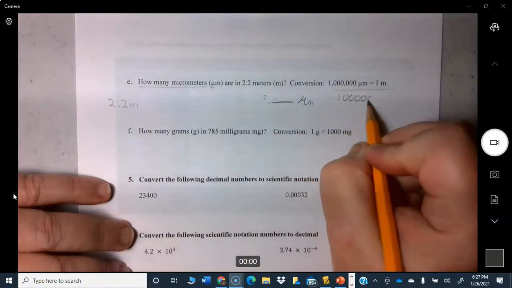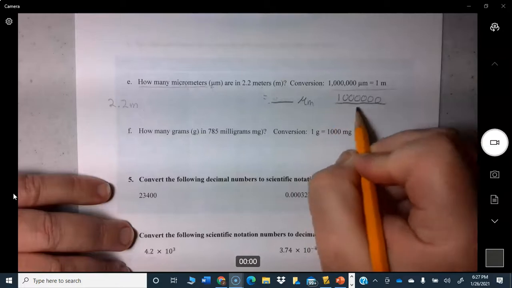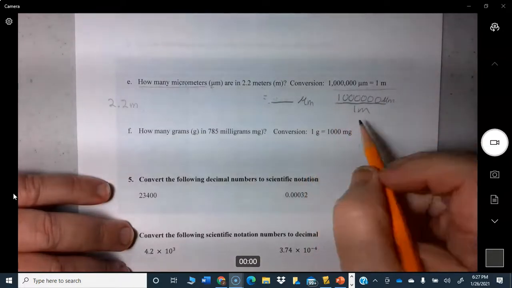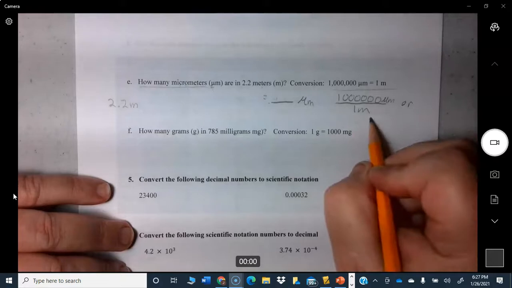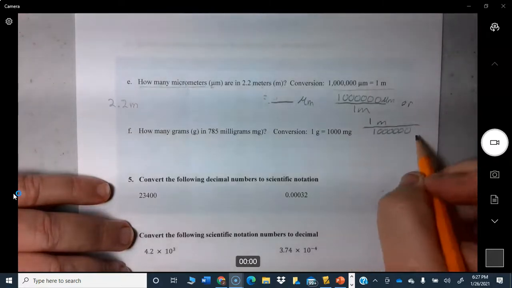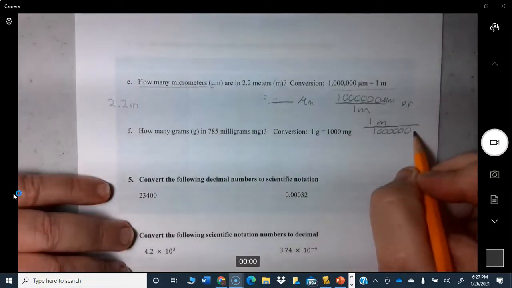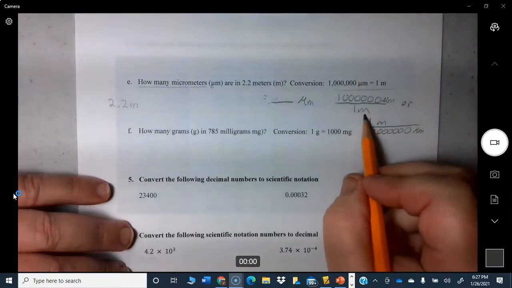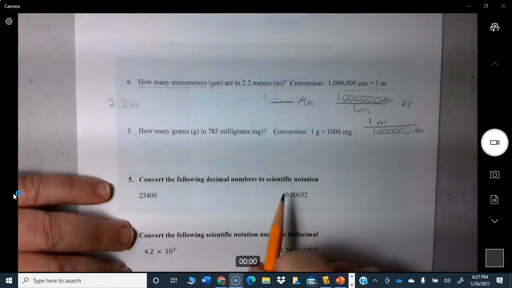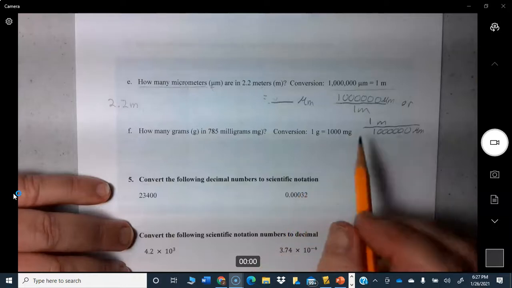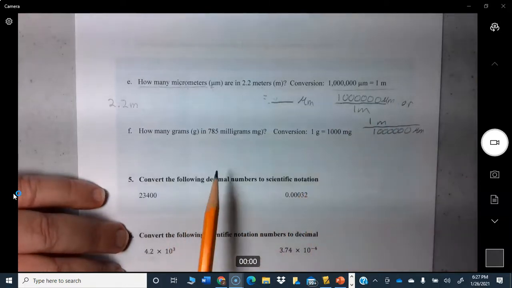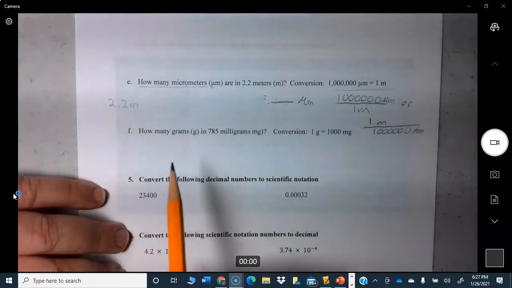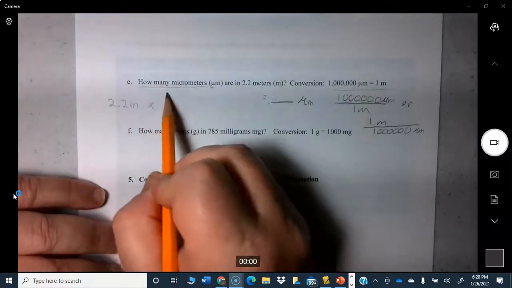Commas are optional. 1 meter over 1 million micrometers. So there's 1 million micrometers for every 1 meter, or there's 1 meter for every million micrometers. So which one of these two, you think about this, is going to make meters cancel out and micrometers appear at the end? It's a single conversion.